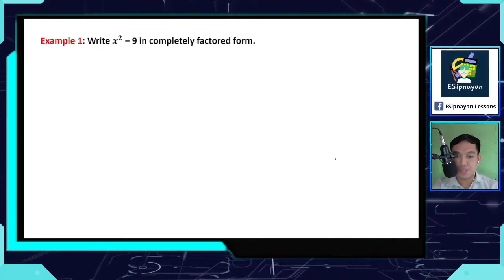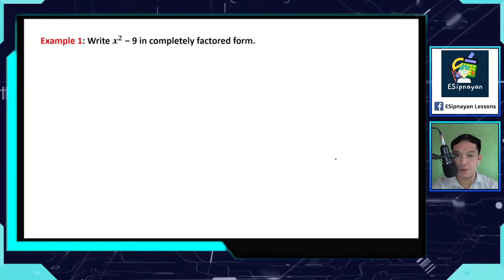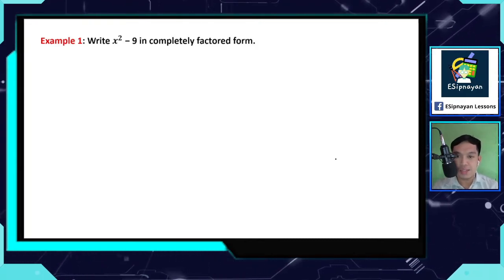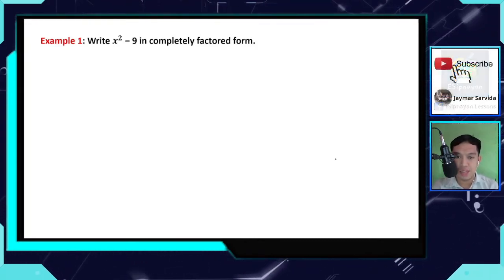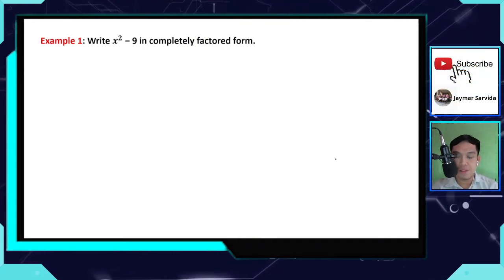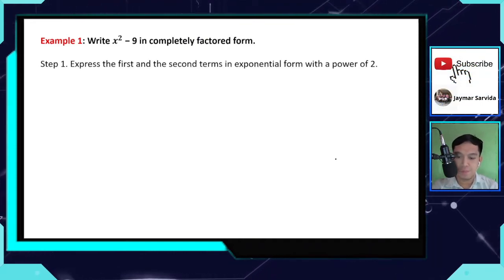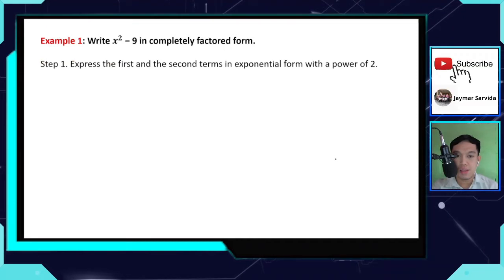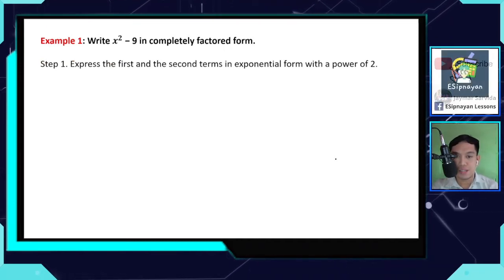So, let's proceed with our example number 1. Write x squared minus 9 in completely factored form. Step 1, we need to express the first and the second term in exponential form with a power of 2.